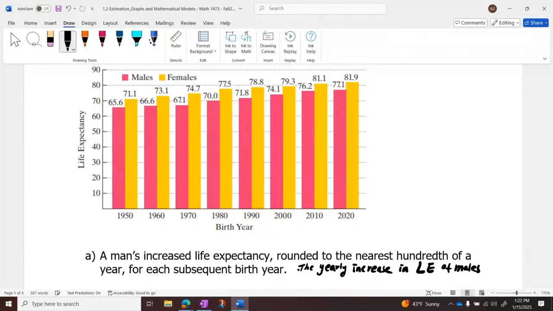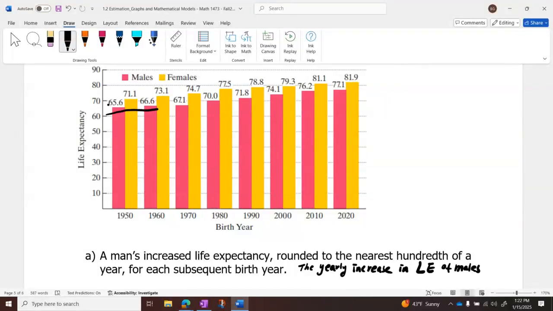Do you agree that's what we are looking for in part A? Since it only mentioned male, I think we can just ignore the yellow bars. Only look at the red bars.